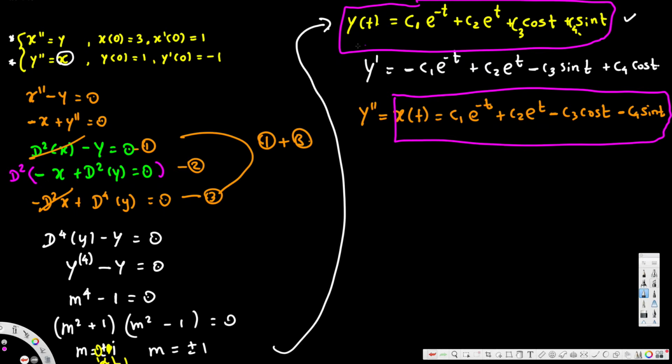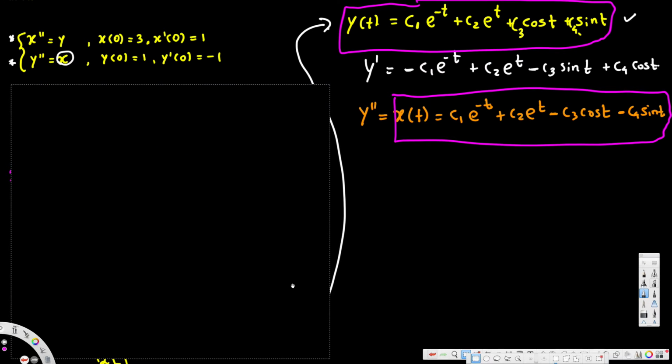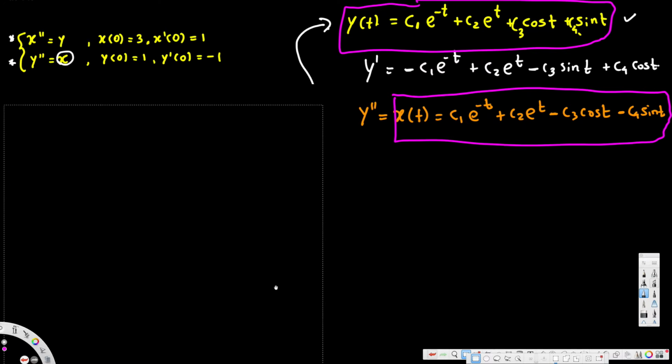First, I take this y of t and x of t. We have these two terms. We are going to need some space for that. Let's get rid of these things. First of all, we know that x0 is 3.